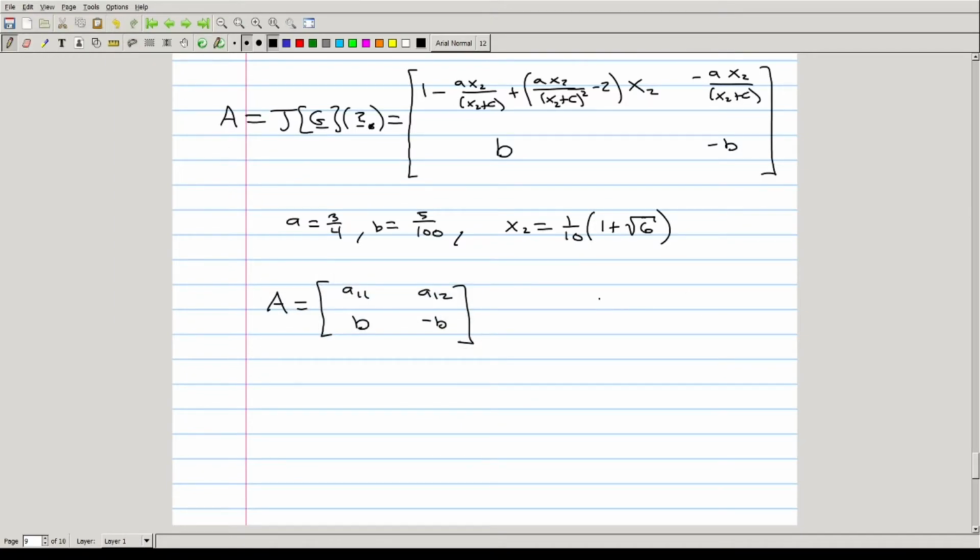Where a11 is equal to 1 over 25 times 53 over 2 minus 17 square root of 3 over 2, which is approximately equal to 0.22717.